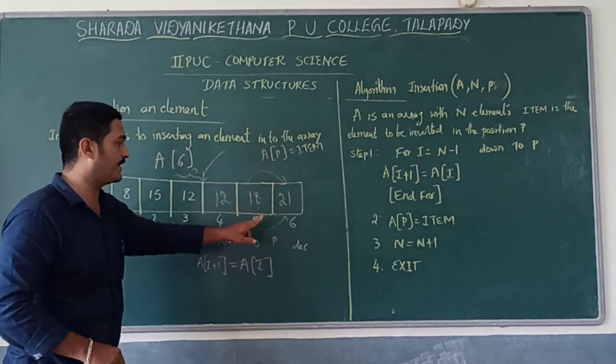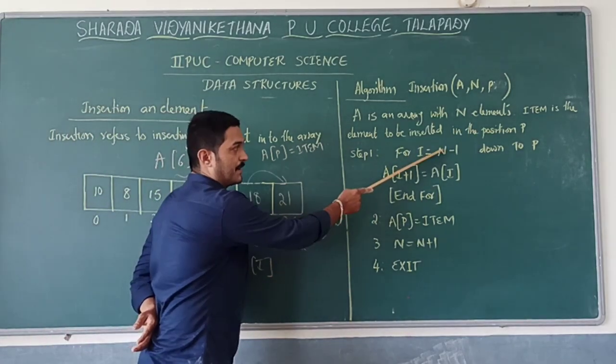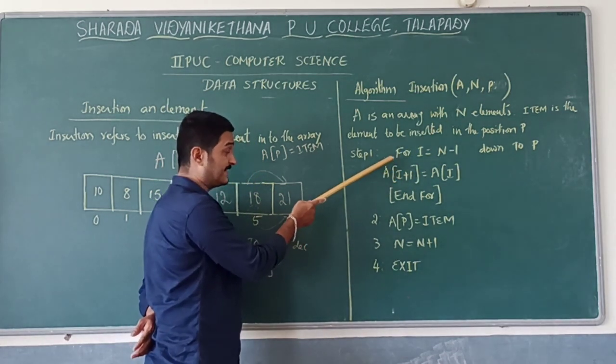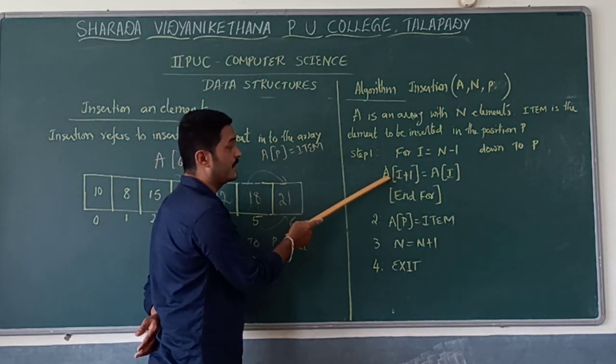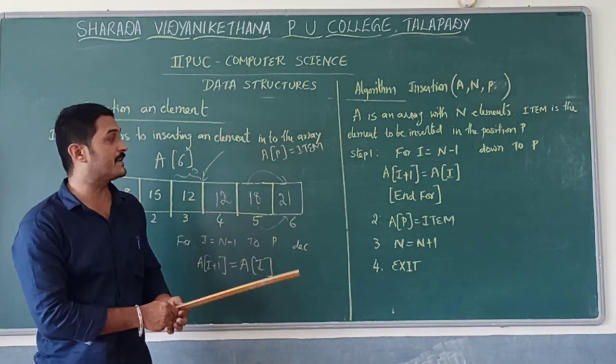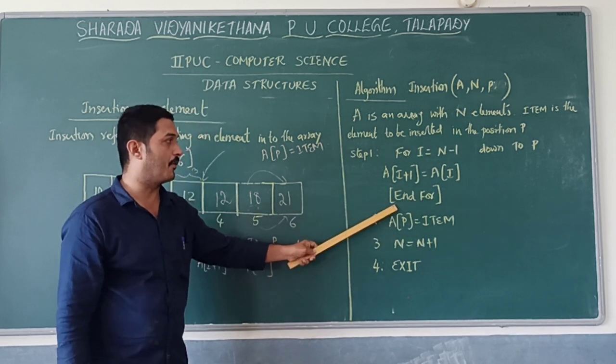Second step, A of I plus 1 equal to A of I, and then end for.